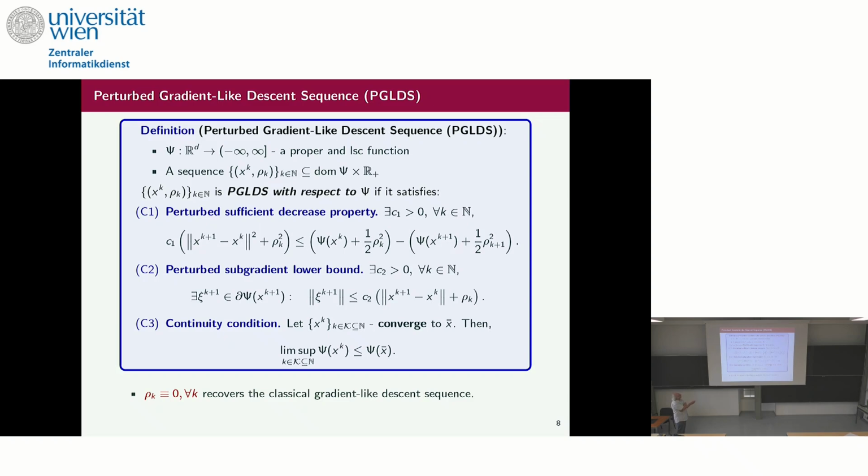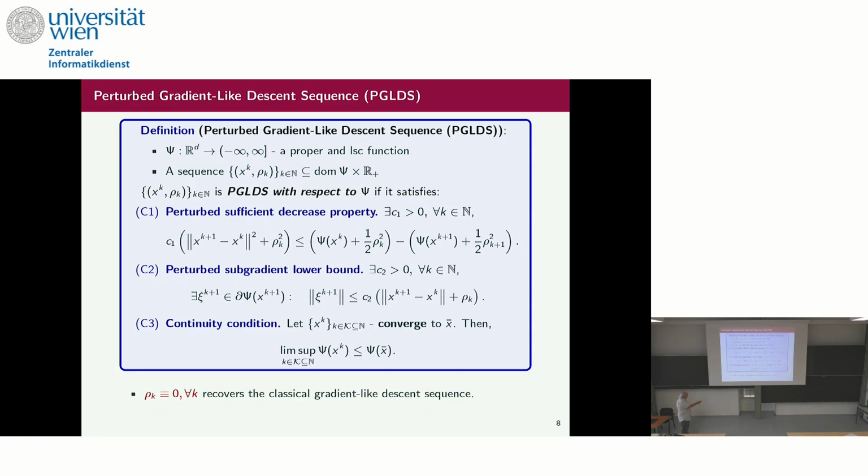The first condition is a kind of perturbation of the sufficient decrease in a very peculiar way. As you can see, there is a difference: this is the term which appears here. There is also the second condition, a perturbed sub-gradient lower bound, which is given here. And the third condition is a standard continuity condition with the lim sup, which is an upper bound with this.